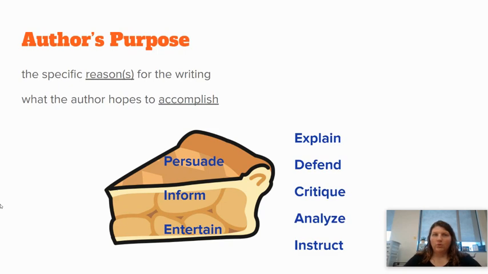These are not the only types of purposes that authors can have, but they could also want to explain something or defend their position, make a critique, which is criticizing or saying that something that someone else has done or said is wrong. Analyzing, so that is a purpose for your writing often. And instruct, which is something that I do often, is to instruct or teach.